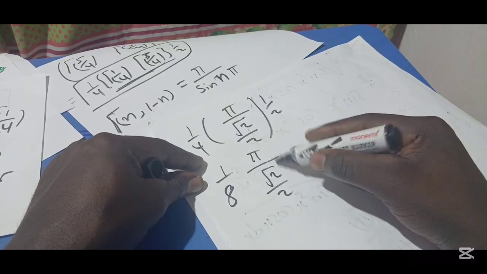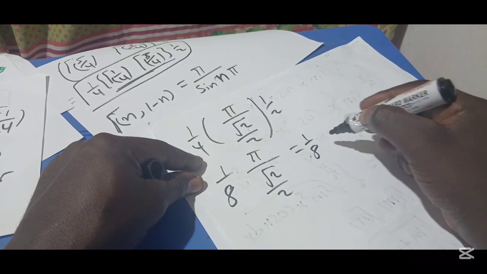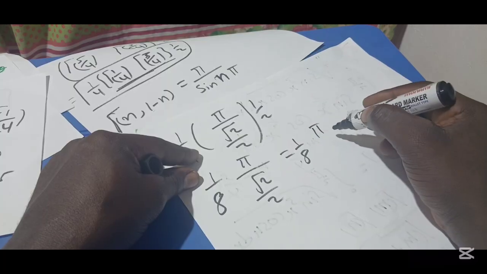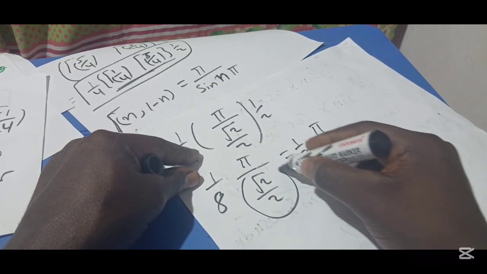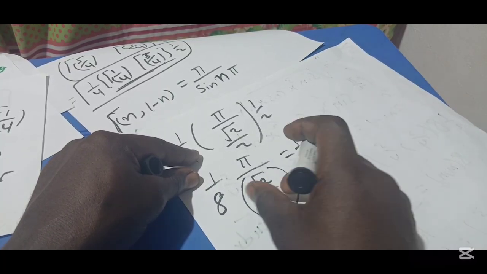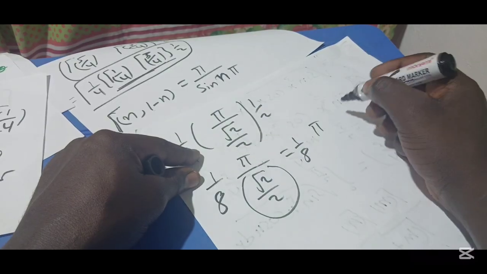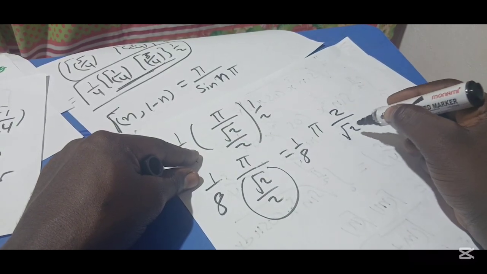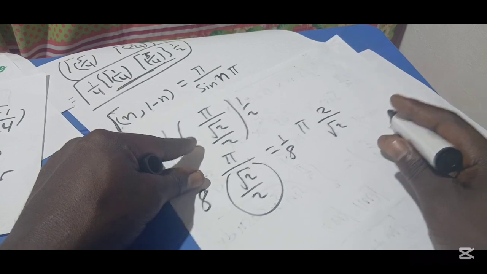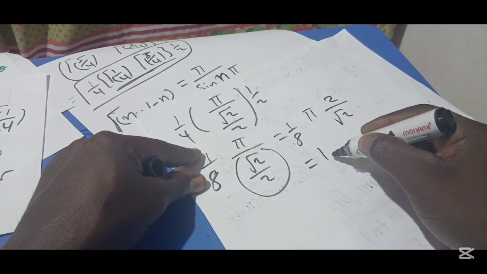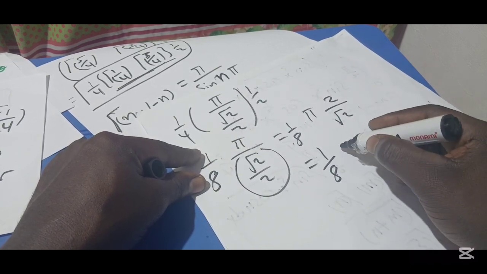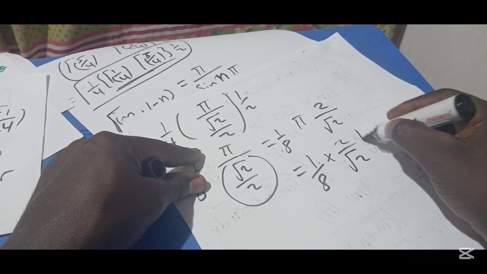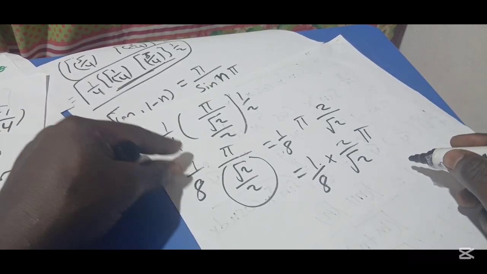So we want to simplify this further. It can be 1 on 8 pi. Because we want to simplify this fraction, we can turn it upside down and multiply it by pi. So this is going to be 2 all on root 2. So this can be further written as 1 on 8 multiplied by 2 root 2 pi.